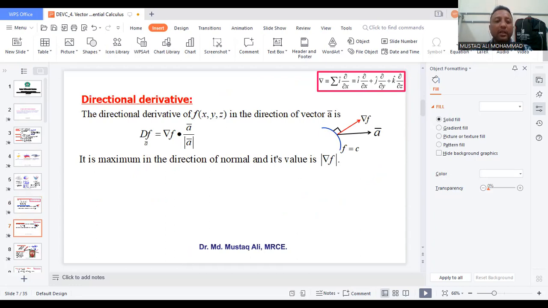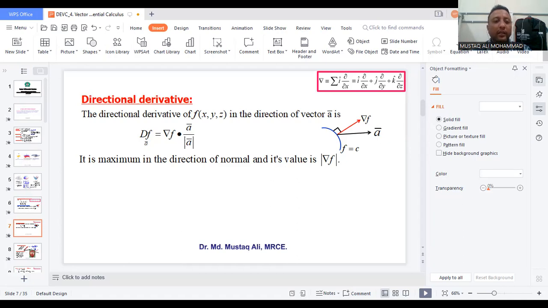Here capital D stands for the directional derivative of f, and we write a bar as a suffix, which means it is in the direction of a bar. So D_a f equals del f dot a bar by magnitude of a bar, that is, del f dot the unit vector of a bar.